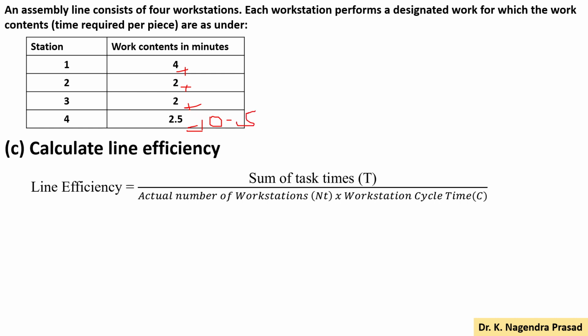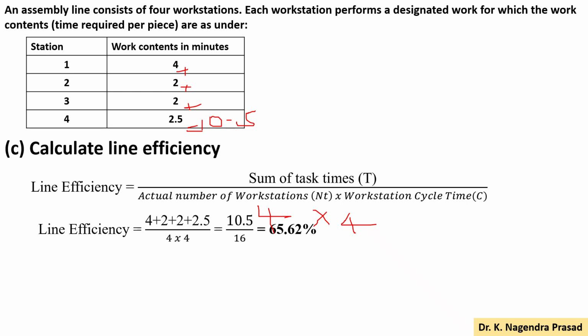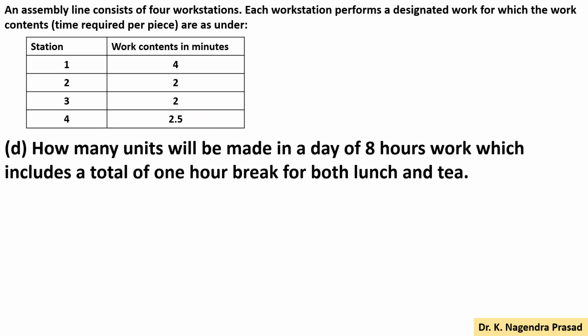The number of workstations is 4 and cycle time is also 4. Then line efficiency equals 10.5 divided by 4 times 4, which is 16, so line efficiency equals 65.62%. Let's see the next question.